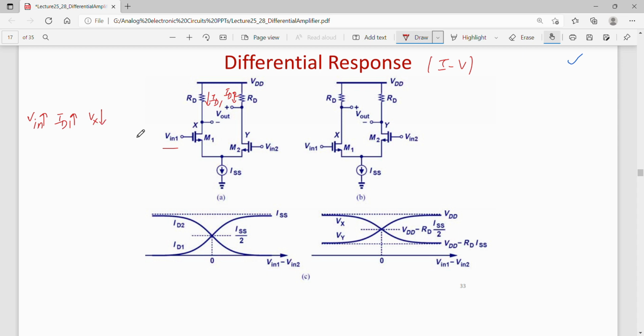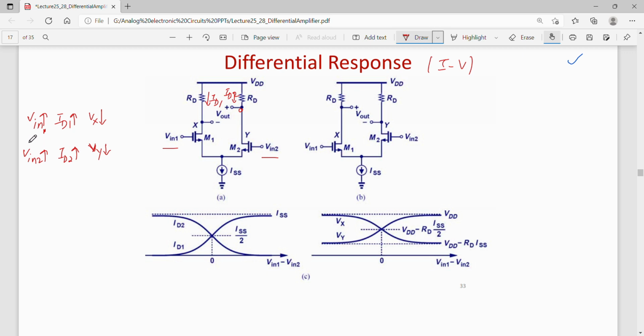Similarly, when Vin2 increases, ID2 increases, or this node potential Vy goes down.